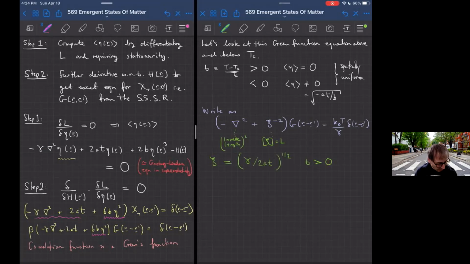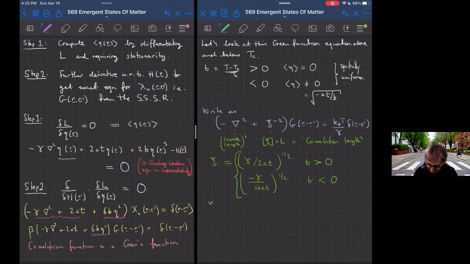So that's true. And then when t is less than 0, this has the form (minus gamma over 4at), again to the 1/2, and there's a minus sign because t is less than 0. So this correlation length, which is what this is going to turn out to be, has a different multiplier above and below Tc, but has the same functional dependence.